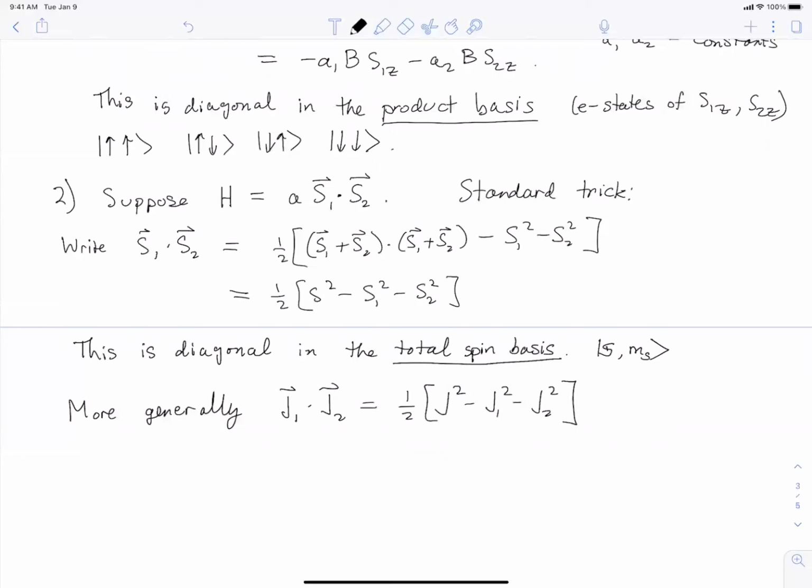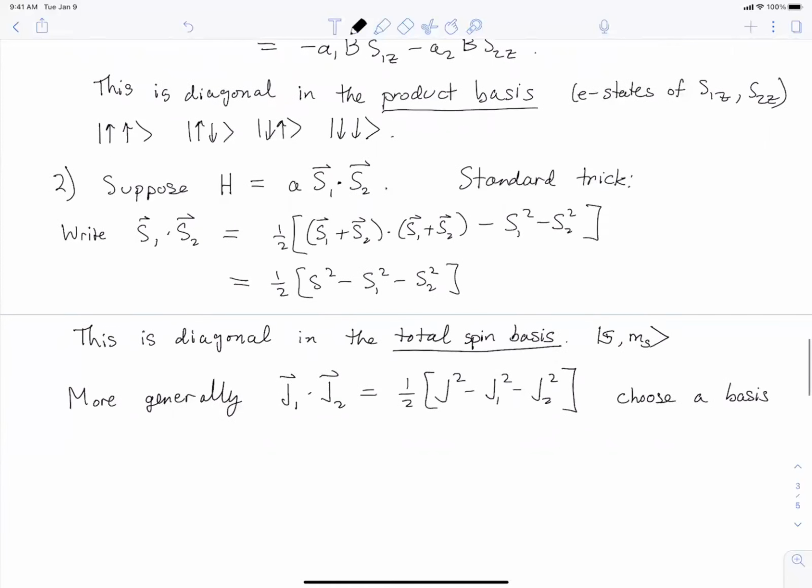Okay, and that is a sign that you should choose a basis, which is the total angular momentum basis that corresponds to the complete set of commuting observables, J squared, J1 squared, J2 squared. Okay, and that's the total angular momentum basis, because then those things are just diagonal.